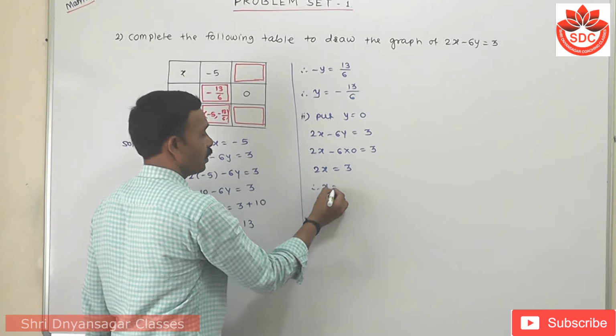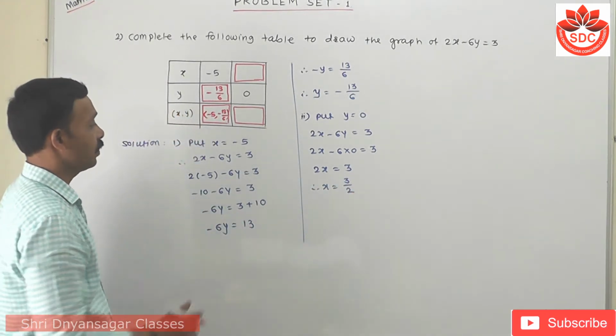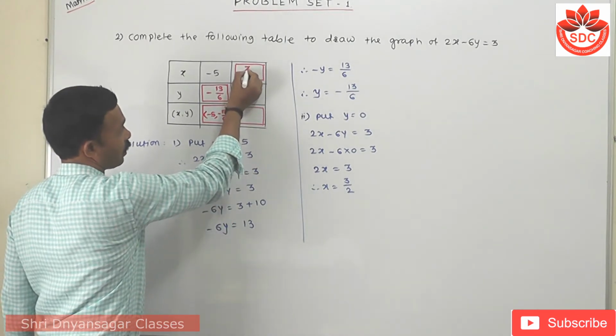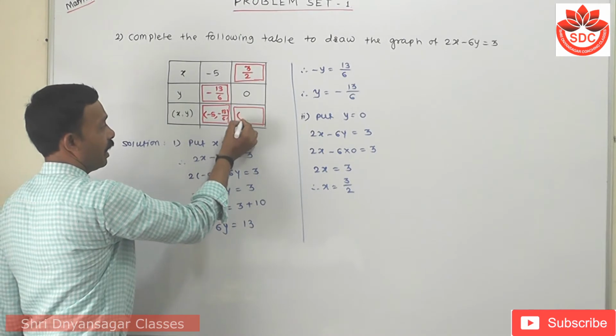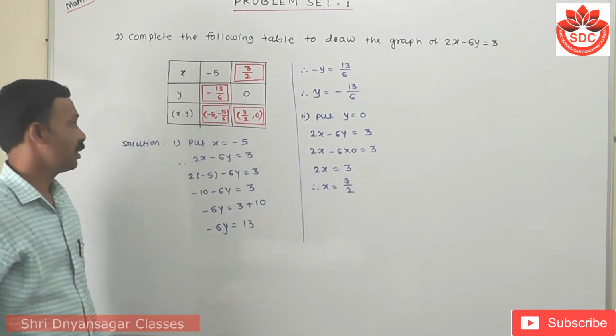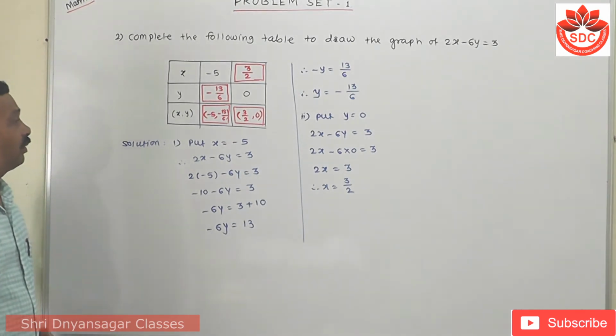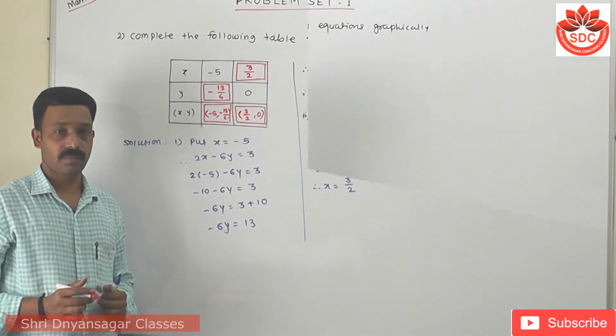Therefore x is equal to 3 upon 2. So I substitute x as 3 upon 2 and write the ordered pair x, y as 3 upon 2 comma 0. This is our answer, and we also have to complete the table. Okay, then take the next question.